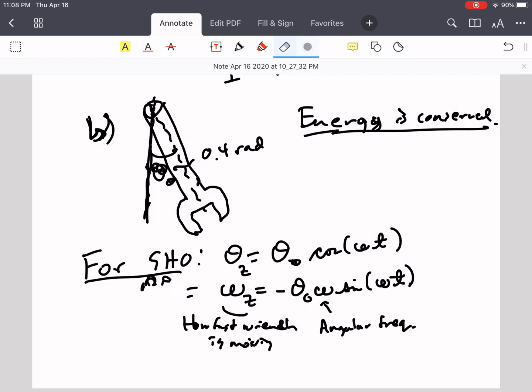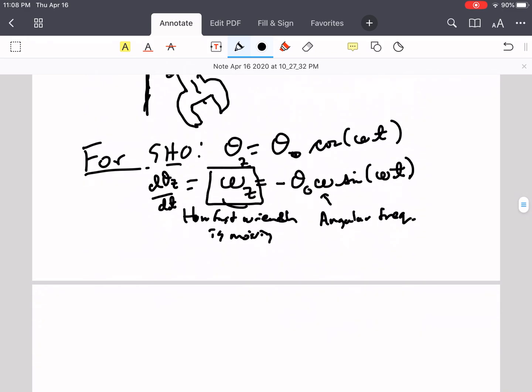Okay? So I know it's notationally confusing, but I will always try to write that z to make sure it's clear on the angular velocity. And then omega without a subscript is the angular frequency. It's telling me about my simple harmonic motion.